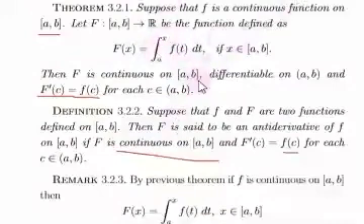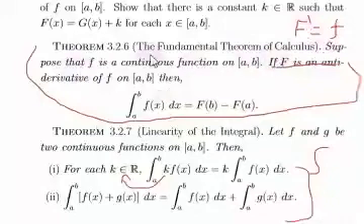Under the second theorem, if uppercase F is an antiderivative of lowercase f on this closed interval AB, the integral of f over AB is the same as the difference, uppercase F of b minus uppercase F of a.